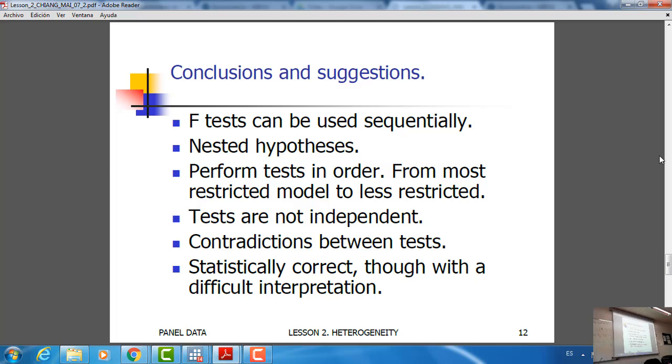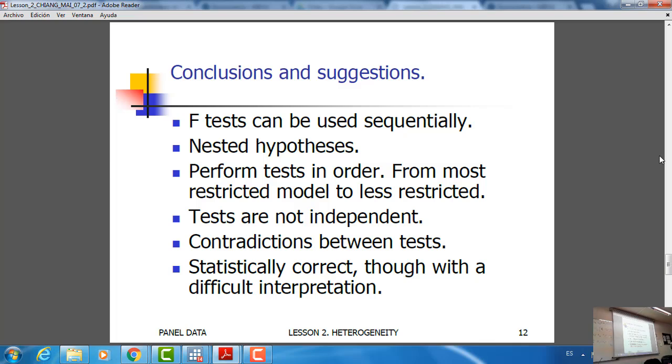But you can do tests sequentially. They can only handle nested hypotheses. And typically you perform the tests in order from the more restricted model to the less restricted model.